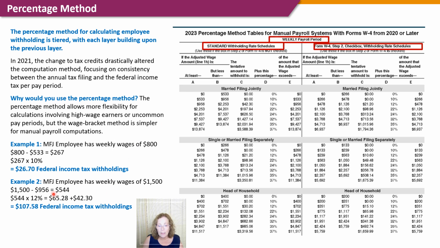We subtract $956 from $1,500, which leaves us with $544 times 12% equals $65.28, plus the tentative amount of $42.30, which equals a final tax of $107.58.